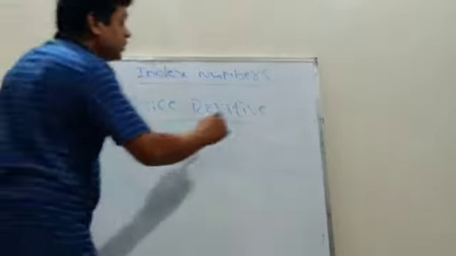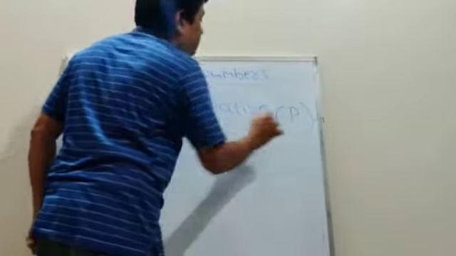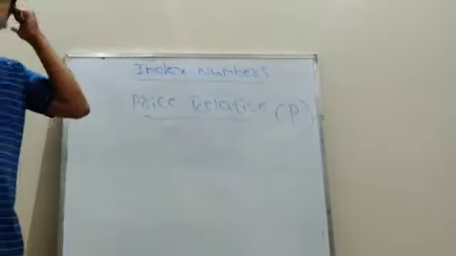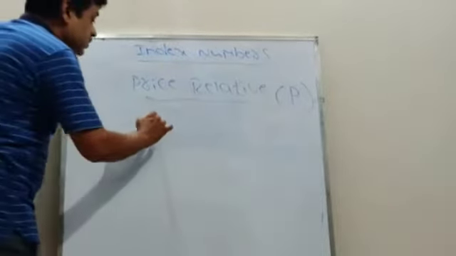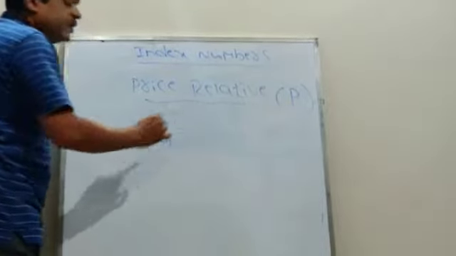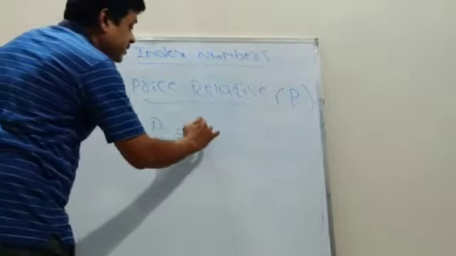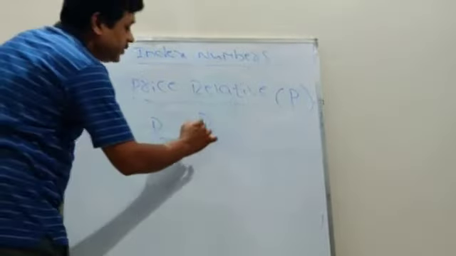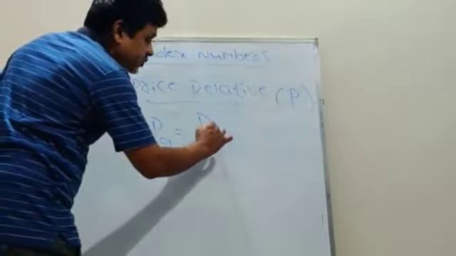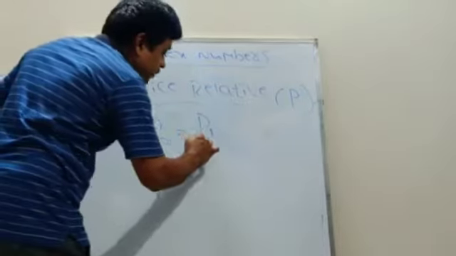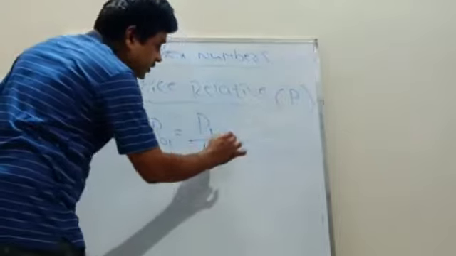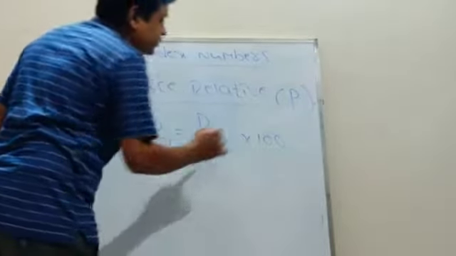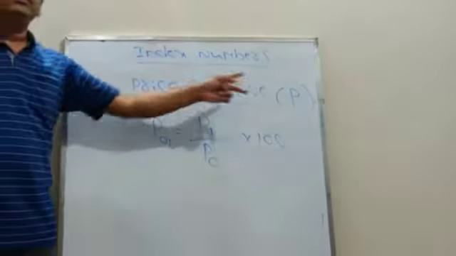This price relative is usually denoted by letter P. Price relative means this price relative can be calculated. The price index number should be calculated with respect to the current year divided by price relative with respect to the base year into 100. This is what the price relative.